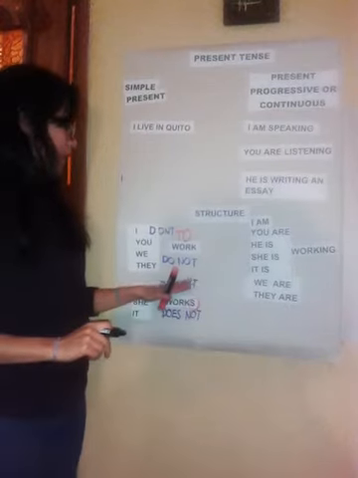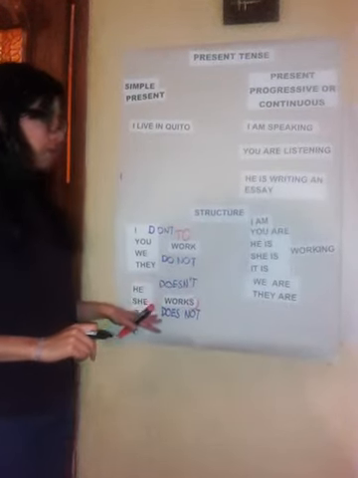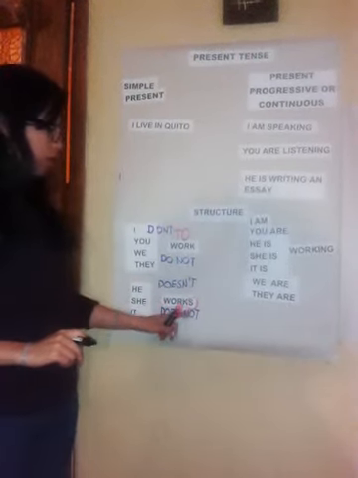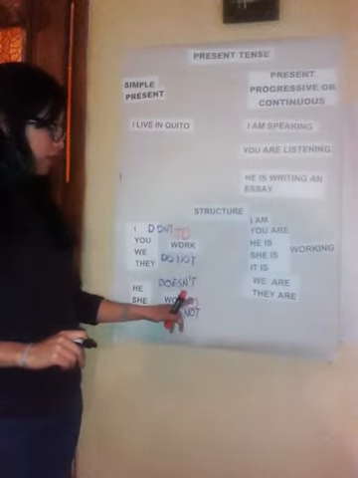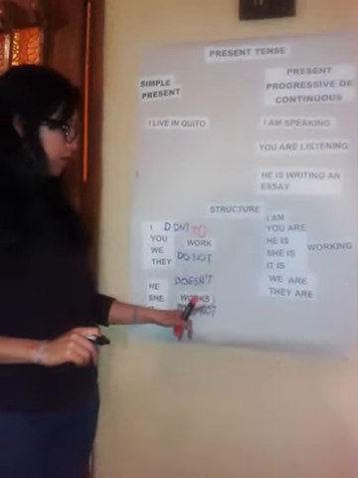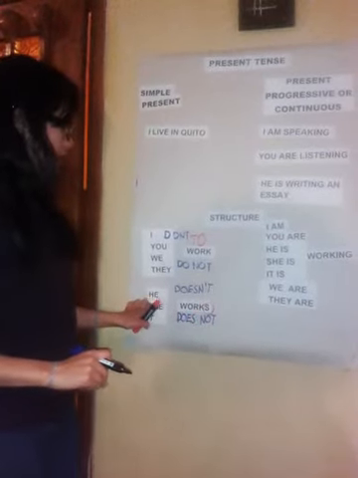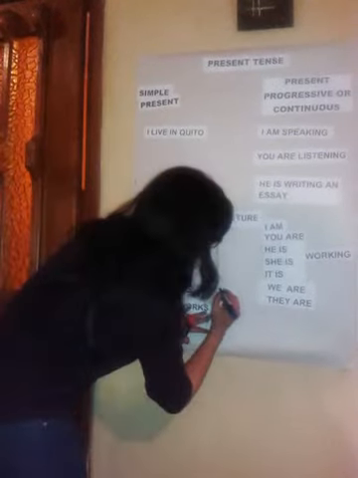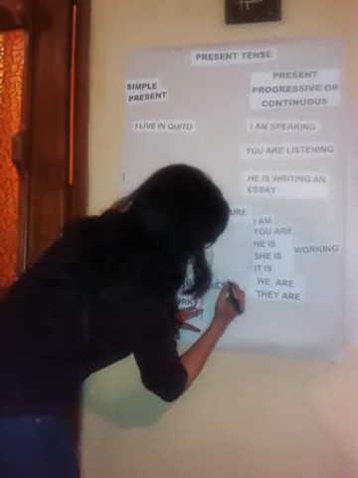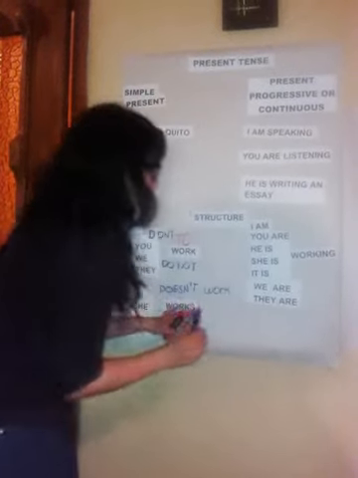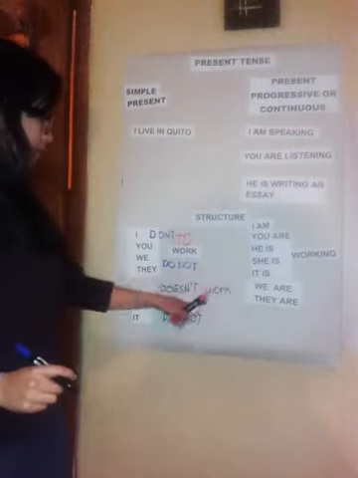When we make a negative sentence, we will not use the s at the end of the verb. For example, he doesn't work, without the s.